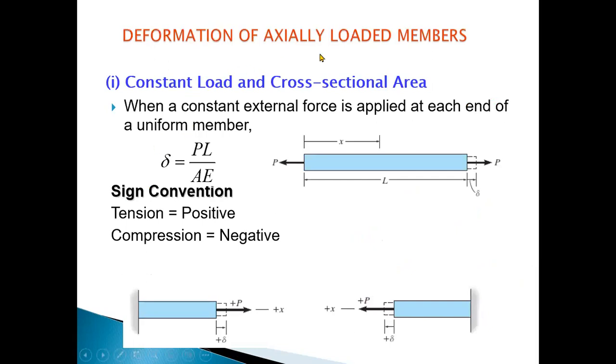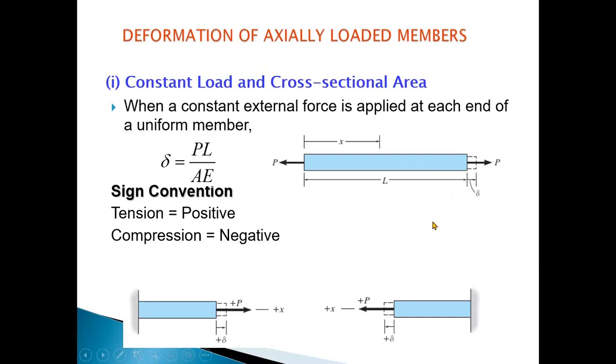Now, deformation of an axially loaded member with constant load and cross-sectional area. There is a member of length L, and we apply the load P on either side. When we apply the load, the member will have some deformation in the direction of the tension zone.